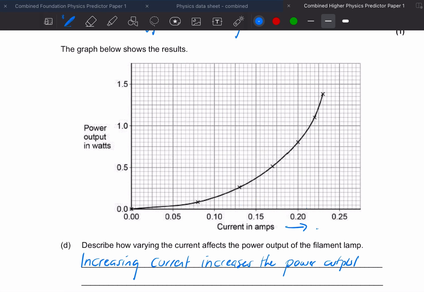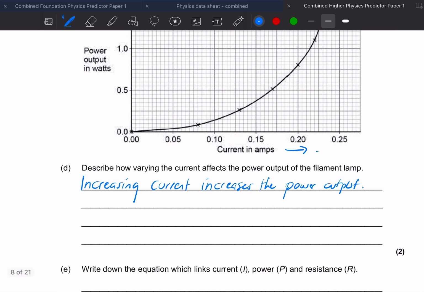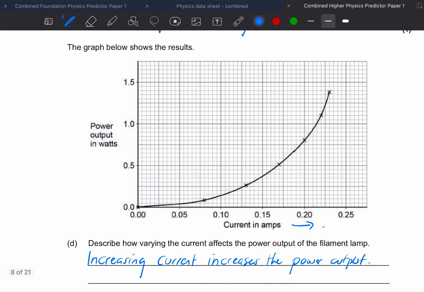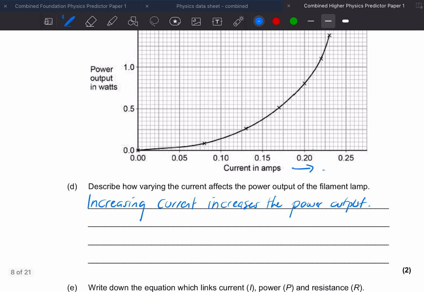But that would be worth 1 mark, and this was worth 2. So we've got to talk about the shape of this line. It's not as simple because what I just said would also be true for a directly proportional relationship, and we haven't got one of those. So this is a non-linear relationship. What that means is it's not a straight line.